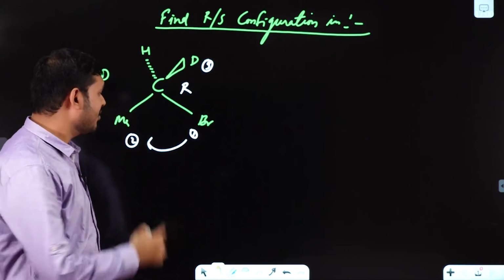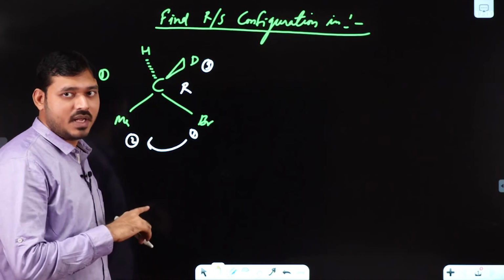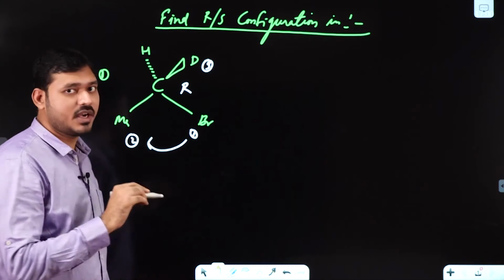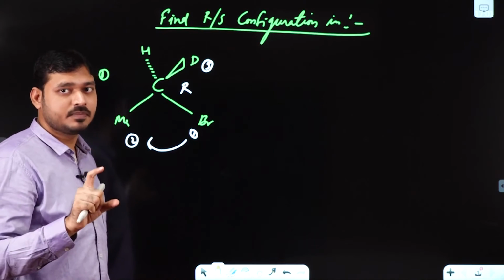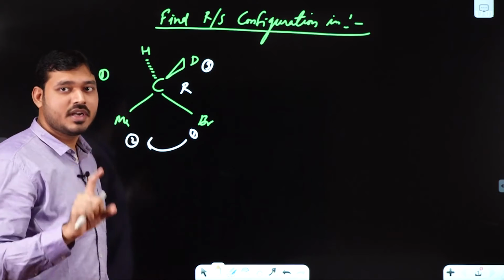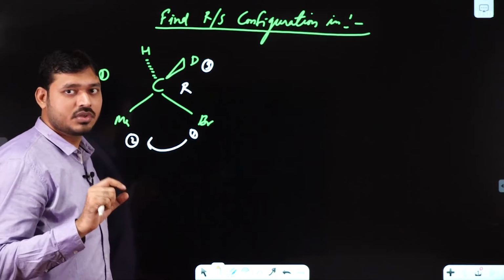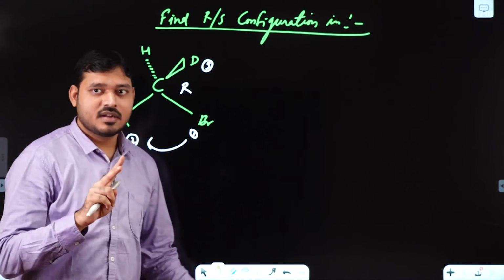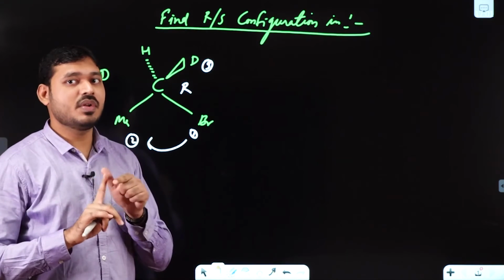Okay, but now the question arises, what will happen if the lowest priority group is not given in dash position? So we have two cases here. Understand, I am telling you two different cases.